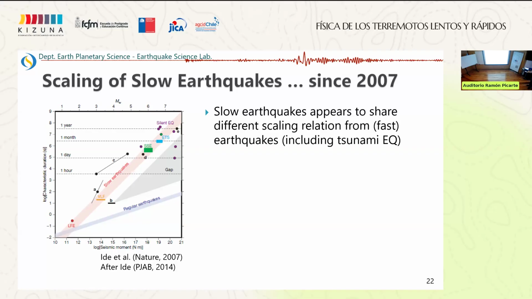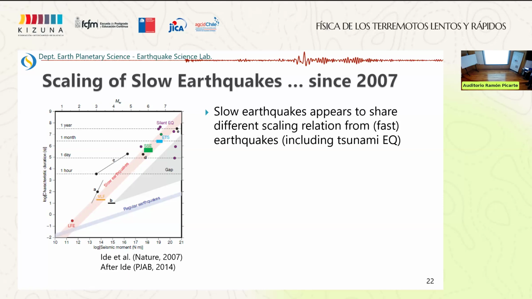In 2007, what we knew was just that tremor, LFE, VLFE, and many slow slip events are located around here. But he proposed that these are connected by this single line, a proportionality between seismic moment and duration.